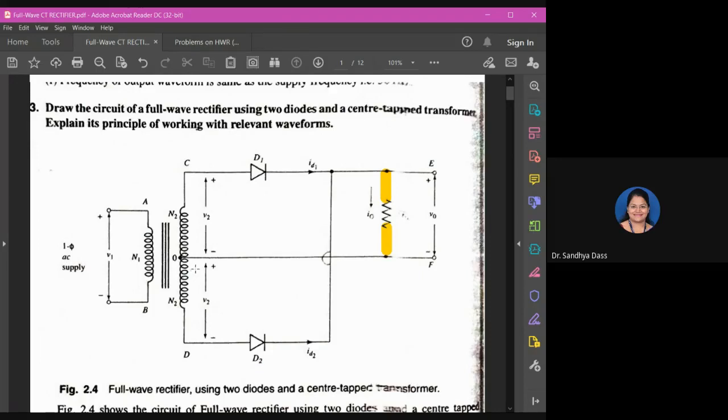Observe that the current flowing through the load resistance, I0, will be equal to ID1 because of the diode D1. Correct?